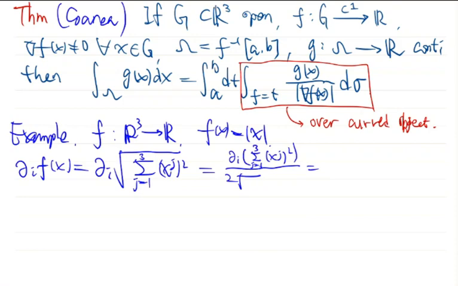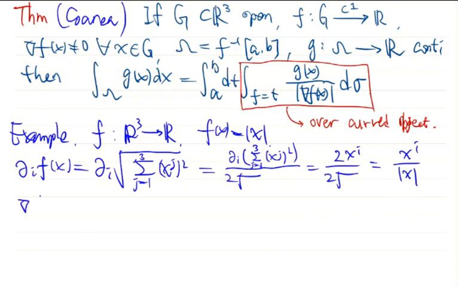Only the term j equal to i survives. Other terms are 0. So we only have 2x_i, and the square root in the denominator, and then this is x_i over the norm of x. So we have computed the partial derivative of this function.